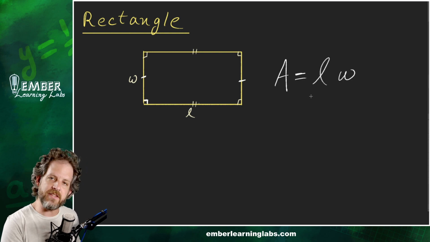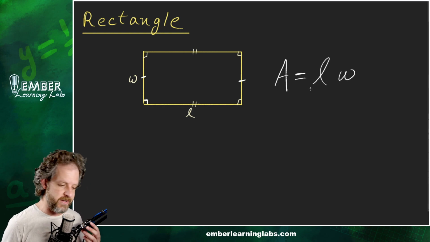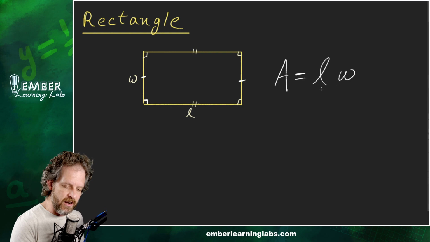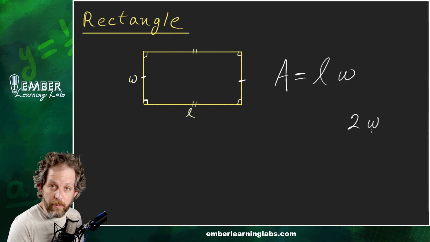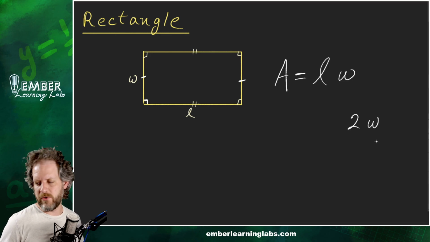Now, I'm going to leave this as just LW, because if for some reason you haven't seen this before, whenever we have 2 letters right next to each other, that means multiplication, which is the same as if we had a number. We saw this kind of in the perimeter videos, and I forgot to mention it, but if we have 2W, that's the same as 2 times W. We'll get more into this when we talk about multiplication of integers.